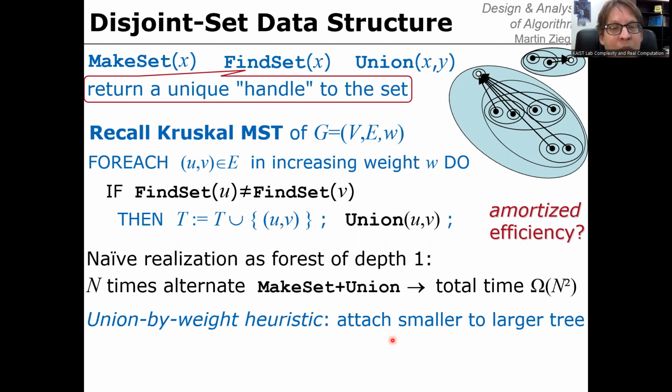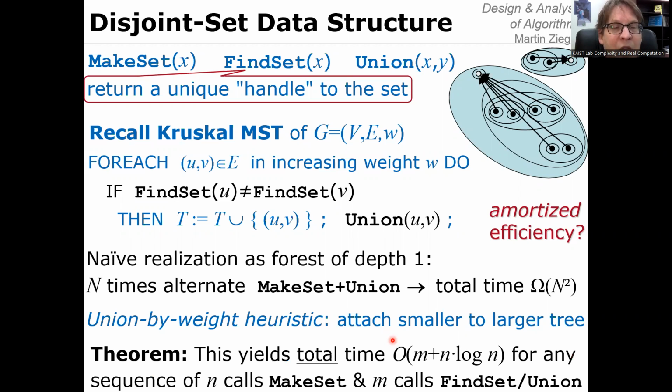Namely, we're going to see that the union by weight heuristic of attaching the smaller to the larger tree in order to realize the union among disjoint sets in a forest of depth 1 has only logarithmic worst case cost, amortized cost.